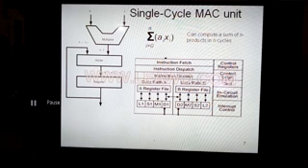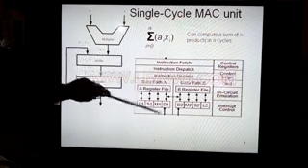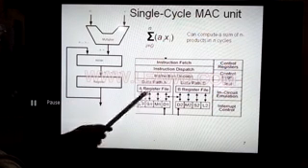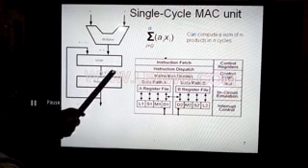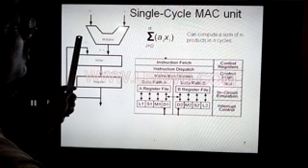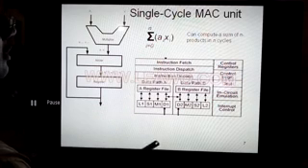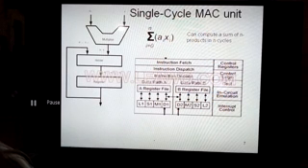For that purpose, we use this type of architecture having pipelining and parallel processing, having 8 functional units. If we execute these instructions sequentially, there will be 6 steps, meaning 6 cycles are required, but by this feature we can execute this in one cycle. That is, there is hardware having the MAC operation in one cycle.